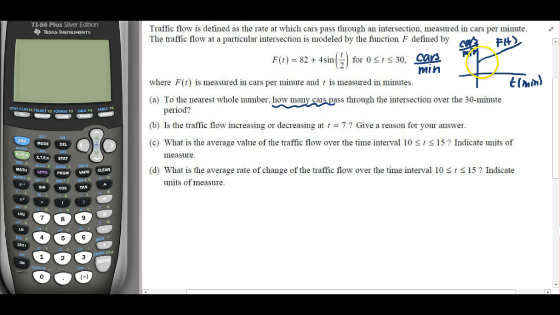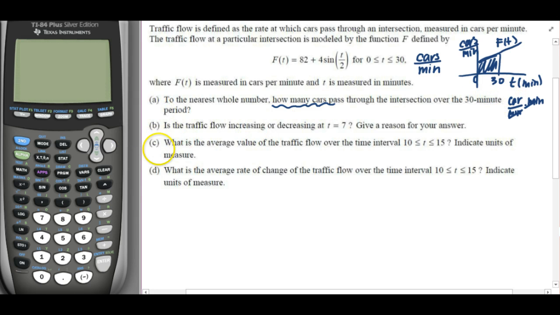So finding the area under the curve during the first 30 minutes, from 0 to 30, the area is going to be the units of the base times the units of the height. So cars per minute times minutes. Well, the units that are going to cancel are minutes, and my answer will be in cars. So understanding the units is really going to help us evaluate this first part of the problem.